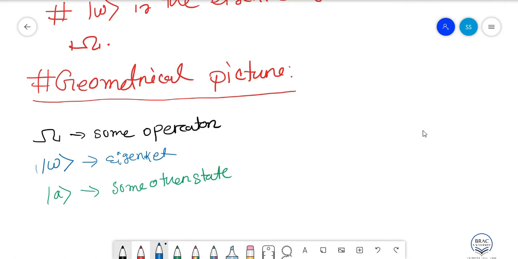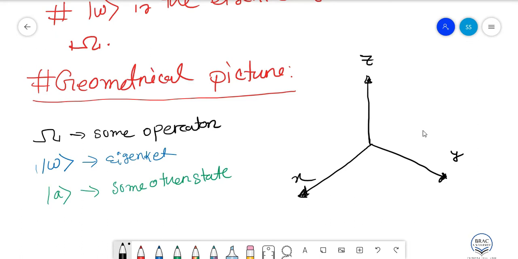And let's consider a 3D Euclidean space like this, just to show you a picture. So let's say this is my x, this is my y, this is my z axes, and the two vectors I have labeled here are represented by, let's say, this is omega and let's say this is my a.